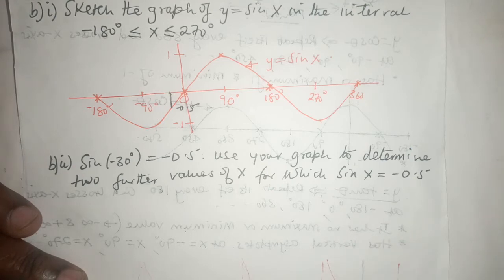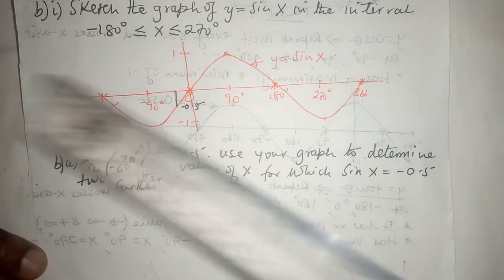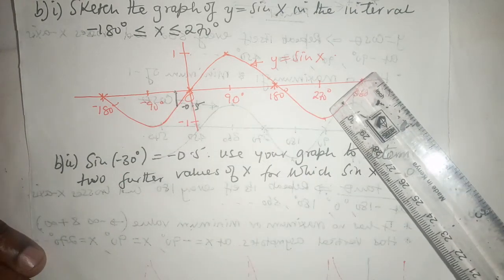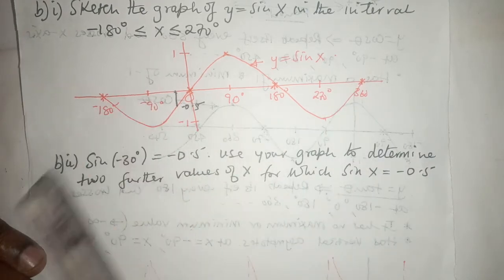I'm presuming that this question is set with part B in consideration. And why I'm saying that is because of the limit. The upper limit is 270 degrees, and the lower limit is negative 180 degrees.